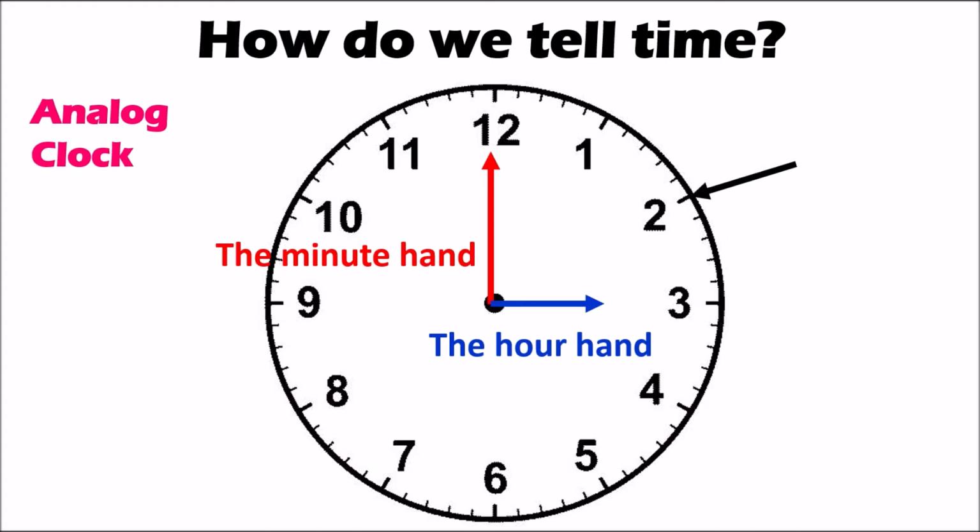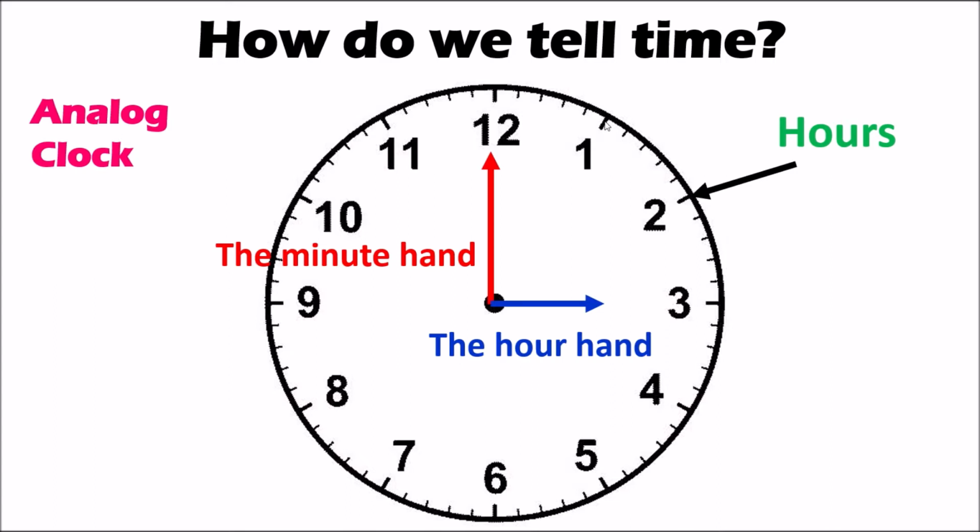Okay, can you tell me, what are the numbers that are around the clock? 1, 2, 3, 11, 12. What do these numbers represent? Hours or minutes or seconds? They represent hours. So once the hour hand moves from 12 to 1, 1 hour has passed.